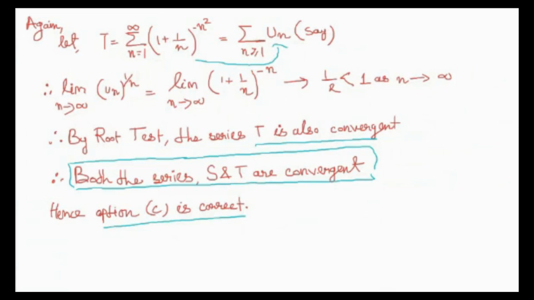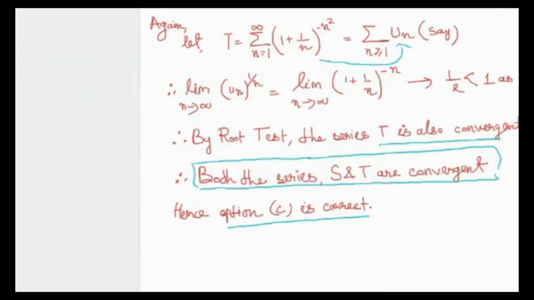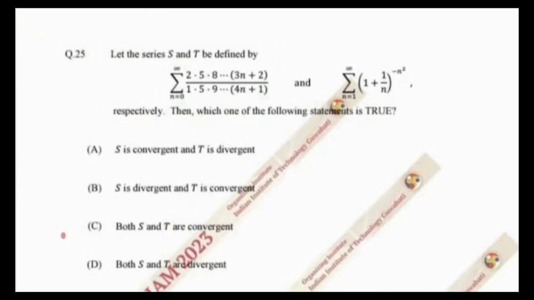Hence, by the root test, we can say that series T is also convergent. Hence, from both the standard results of root test and ratio test, we can say that both the series S and T are convergent. So option C is correct in this case. So for this question, option C, that is both S and T are convergent.